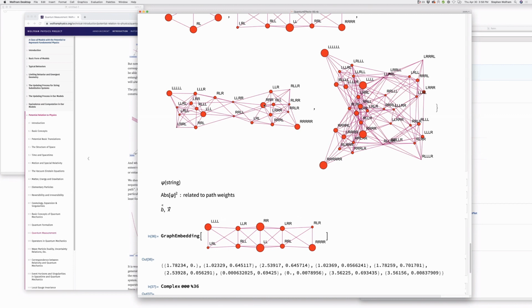Right. Which is exactly what we expect, because in the path integral interpretation, a path is coming down the multiway system, and the phase is determined by the turns of that path, so to speak.